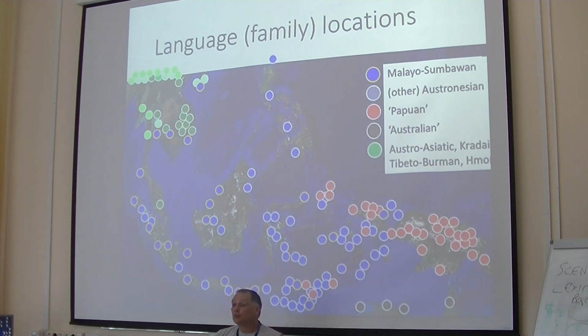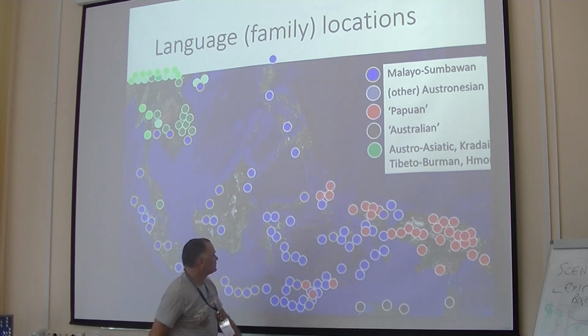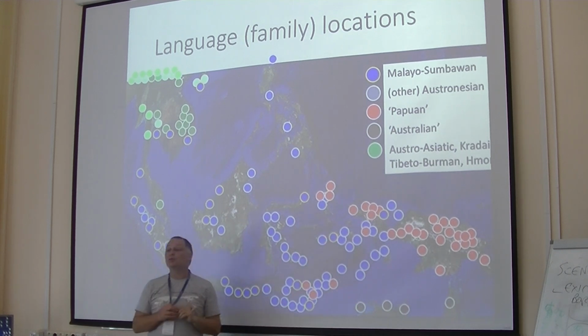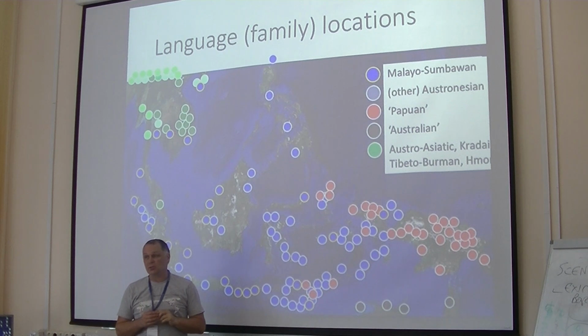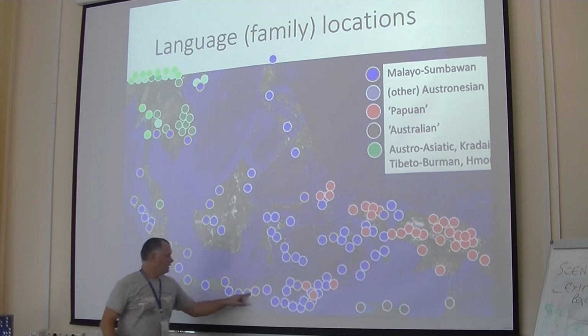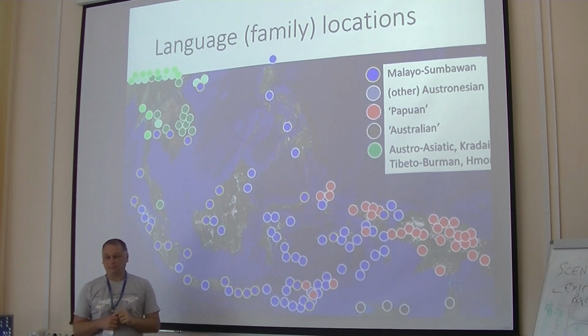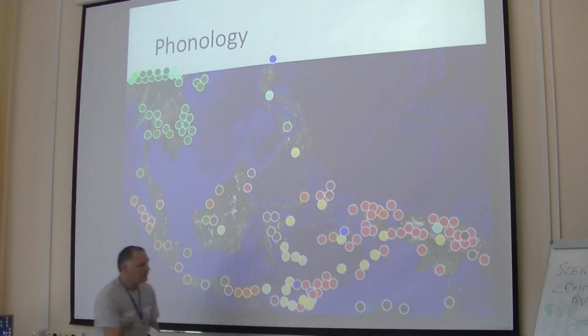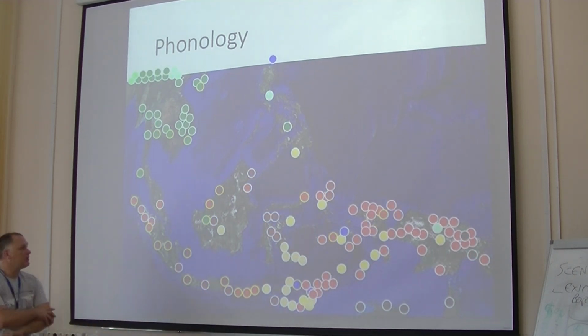This is coloured by language family and slightly by language subgroup. Again, recall, yellow circle means it's one of those Malayo-Sumbawan languages. They form a subgroup of Austronesian. All the yellow ones are a coherent subgroup together. When we cluster according to phonology, these are the clusters that emerge.